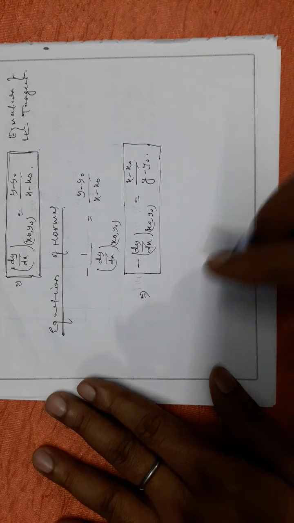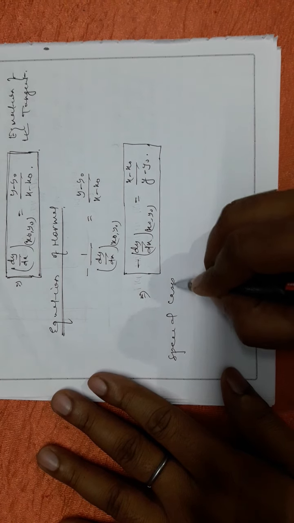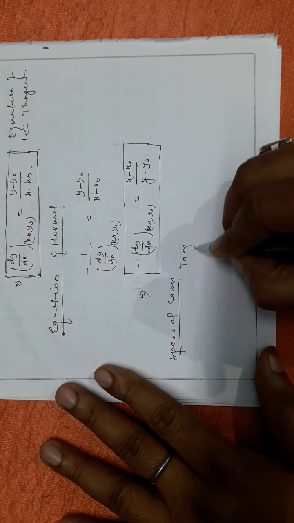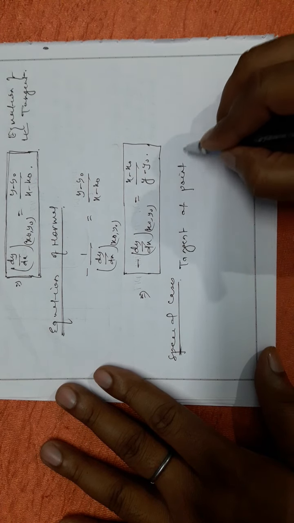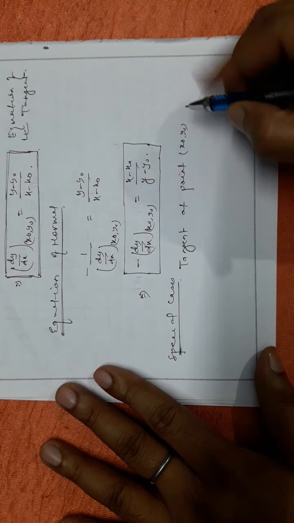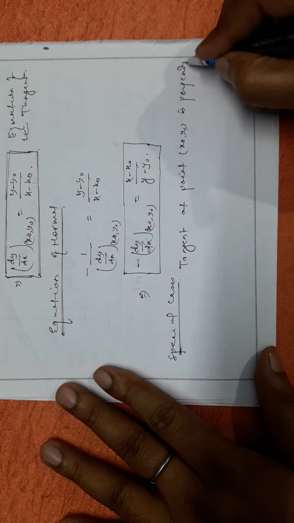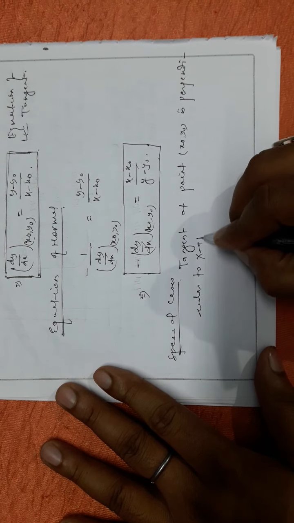Now some special cases. Special case A: suppose the tangent at point (x0, y0) is perpendicular to the x-axis.